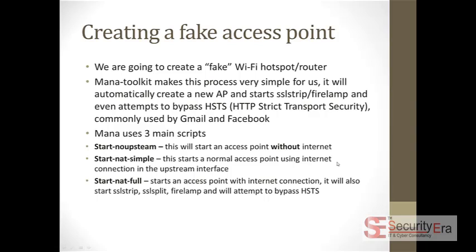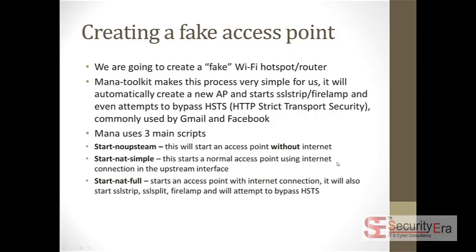Mana uses three main scripts. So start no upstream. Basically this will start an access point, so devices will be able to detect it, and when you click on your Wi-Fi on Windows 10 and all the Wi-Fi routers come up and you can choose which one you want to connect to, the fake one will appear, but when you connect to it there'll be no internet access, so there's not much point to that.